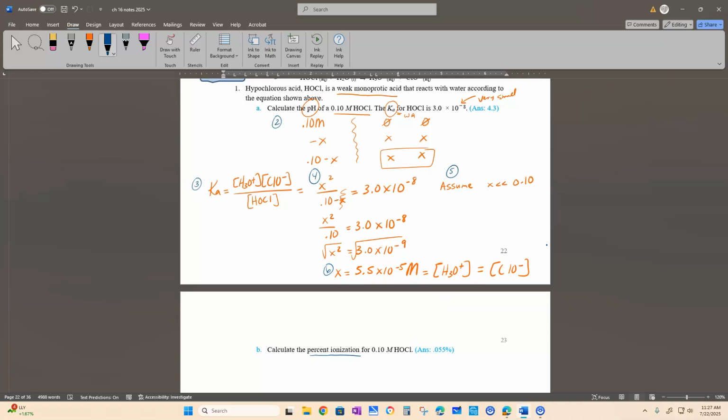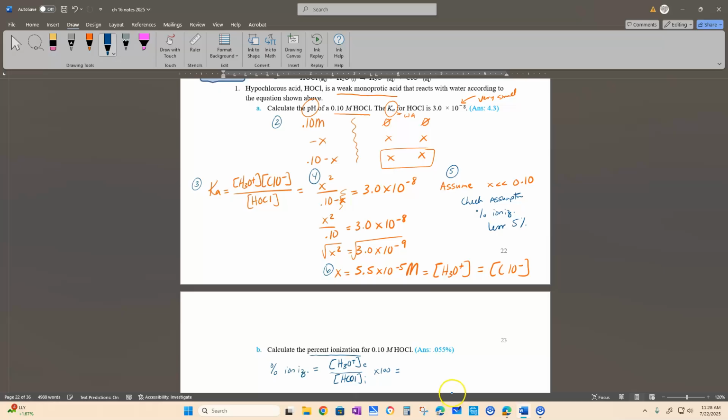The equation is the hydronium, or you could say H+, I'm saying hydronium because my balanced equation said hydronium, at equilibrium over the initial acid concentration, times 100. When you check your assumption, you're trying to get less than 5%.